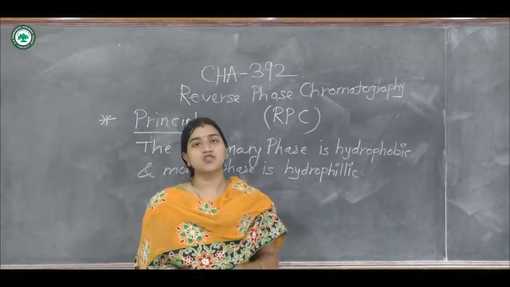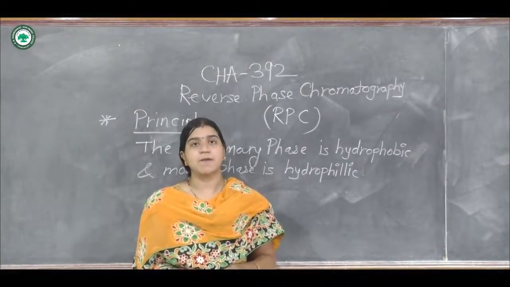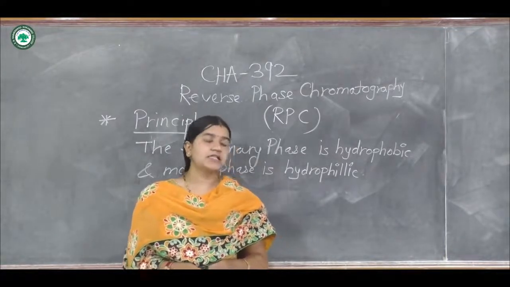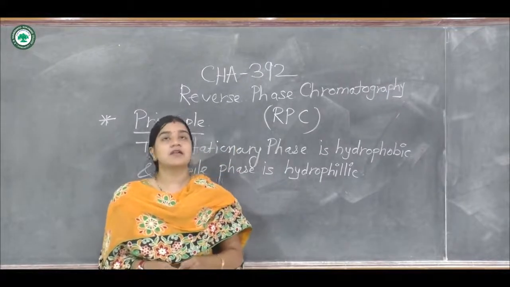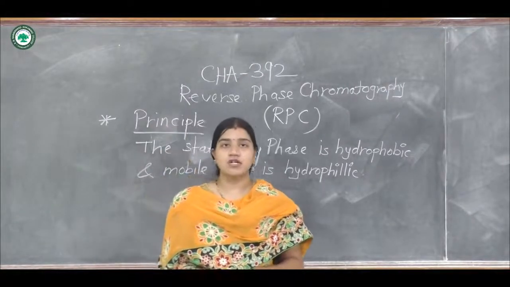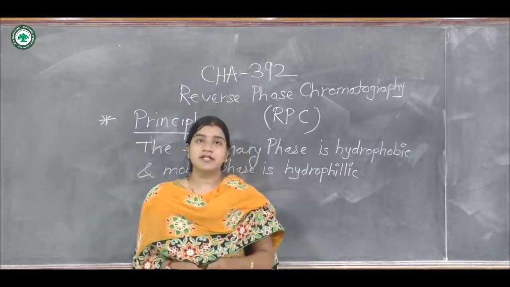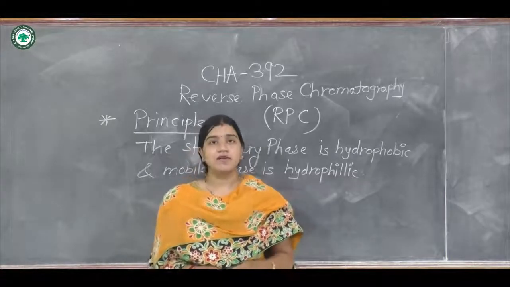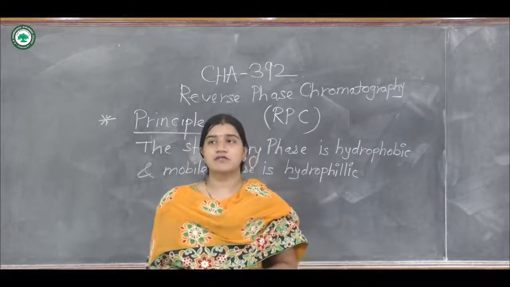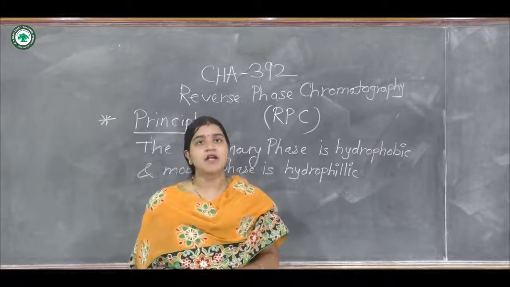That means the elution will take place fast. In other terms, when the interaction is stronger, the retention time is more, and when the interaction is weaker, the retention time is lower.